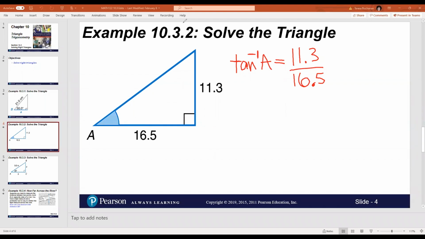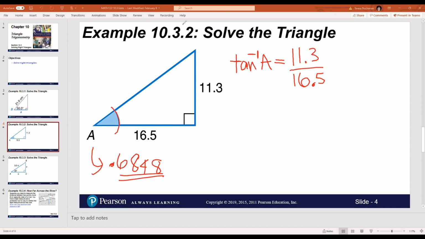If you really want to see it, you could go ahead and look at it. 11.3 divided by 16.5. The tangent of this angle A, the tangent of that is about 6.848, right? You see that in your calculators if you're looking. The tangent of that angle is about 6.848. Can't I use this to work backwards to find what angle created that tangent?